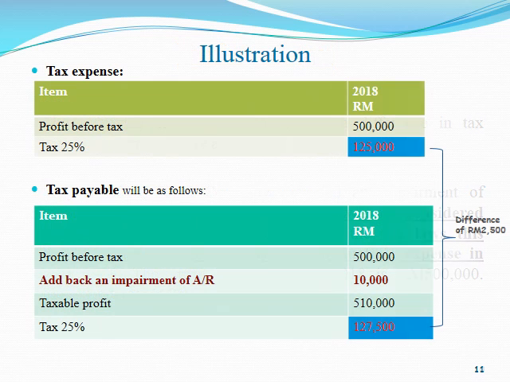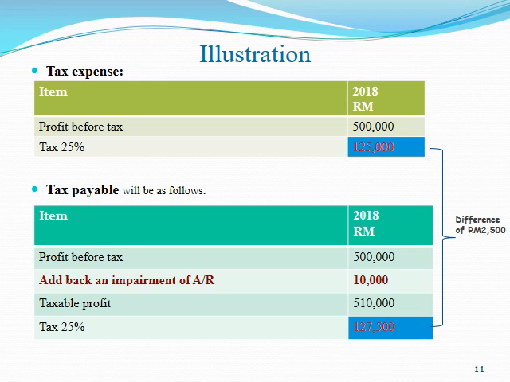Assume that the profit before tax for 2018 is 500k and the income tax rate is 25%. For tax expense, the company will multiply profit before tax 500k with the tax rate 25%, so the tax expense is equal to 125k. Meanwhile, for tax payable, the company has to first adjust the profit before tax by adding back the impairment of the accounts receivable.